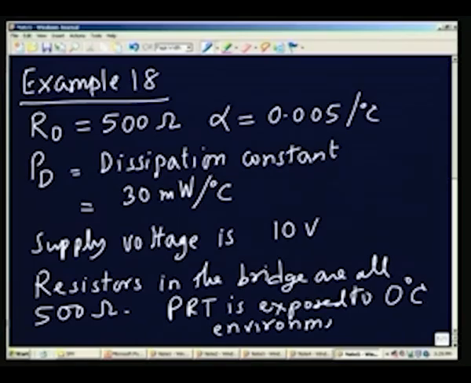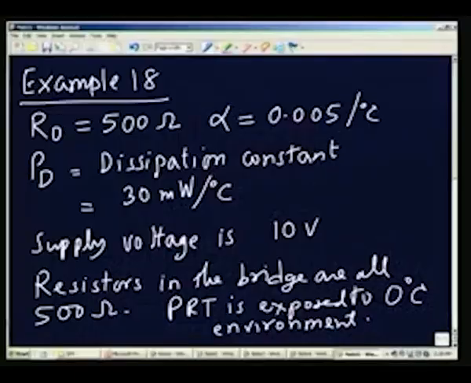The point to notice is that even though the PRT is exposed to a temperature of 0 degree Celsius, that is the ice point, the PRT is not at the ice point because a certain amount of heat is generated, and because this heat is to be dissipated, it requires a certain temperature change, and therefore, the resistance of the PRT will not be exactly equal to 500 ohms because it is now running a little hotter. So, it will be at a higher temperature.